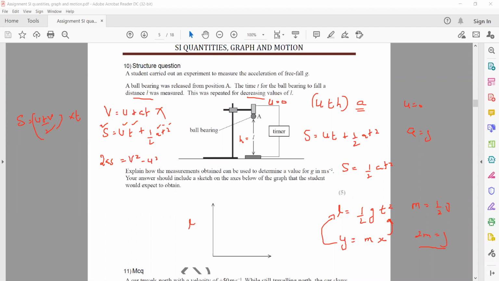On the y-axis we have length, on the x-axis we have time square, and because there is no y-intercept, it means that it should be a straight line passing through the origin, and the gradient of this line will be equal to half g, or g by 2. Is it clear, this question? That is how we can find the acceleration due to gravity by using the quantities given.